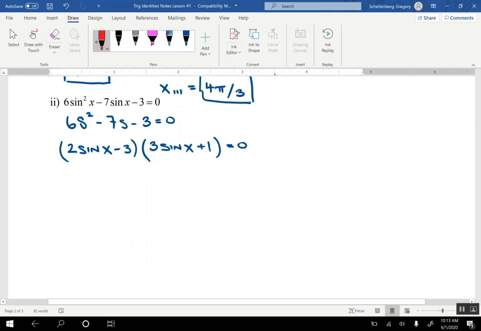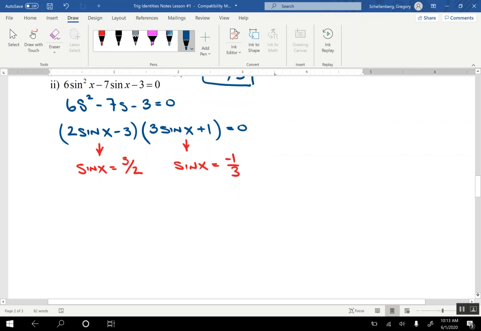So our mini equations are going to look like this. So where is the sine of x equal to 3 over 2? And where is the sine of x equal to negative 1 over 3? Okay, so the sine of x is equal to 3 over 2.